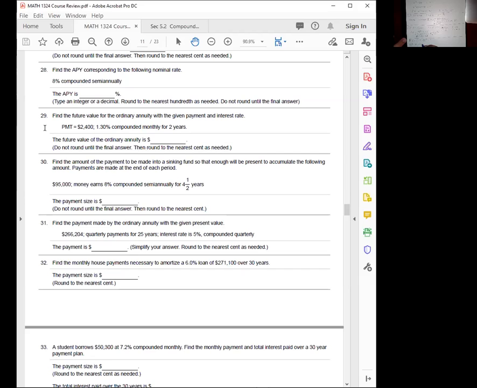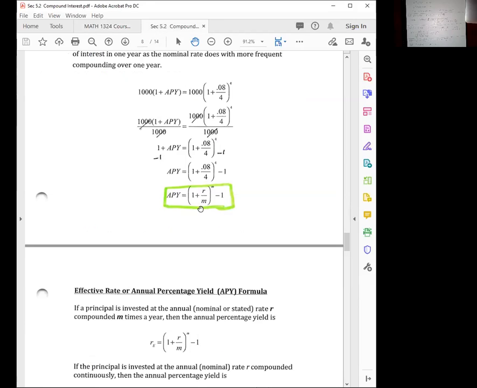Rate is 0.08. M is 2, compounded twice, right? So that would be simply 1 plus 0.08 over 2, to the 2. Should be it. Double check the formula. Yeah, cool.